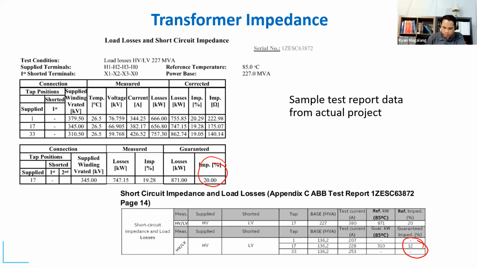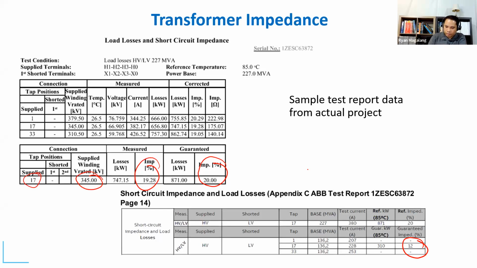So these are different test reports. So measured impedance, and they show us the voltage, even the tap positions. That's normally in the mid. Tap 17 is the mid.